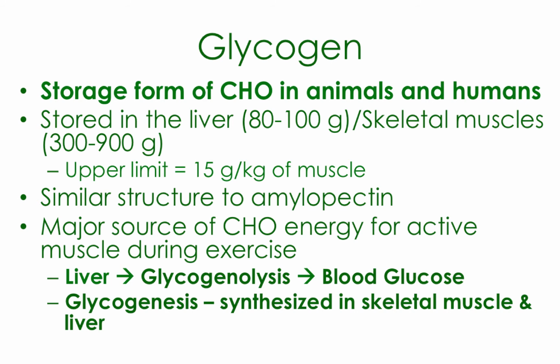What you should know is that it's produced in the liver and also skeletal muscle. It's produced in all kinds of muscle, but predominantly in skeletal muscle. It's our major source of carbohydrate energy for active muscle during exercise, and also for maintaining bodily glucose levels.